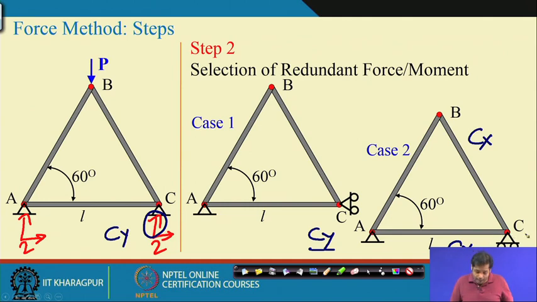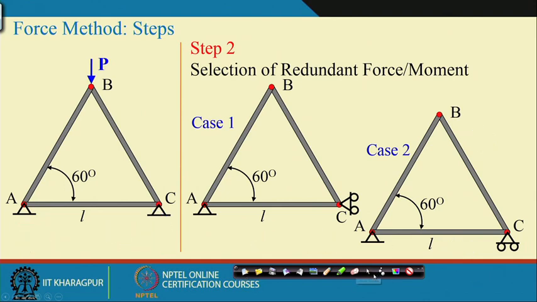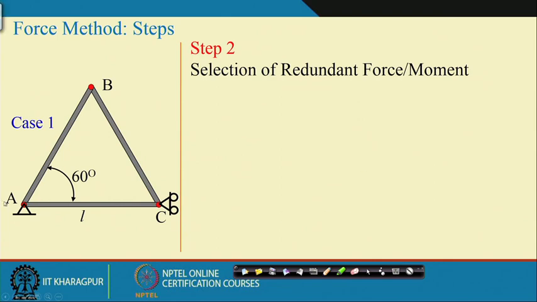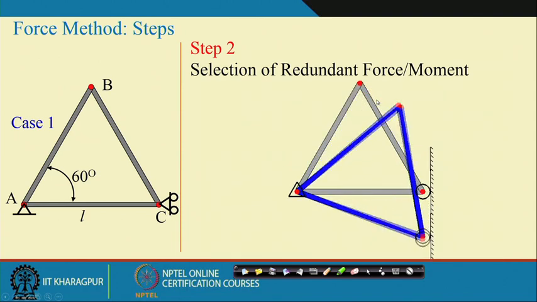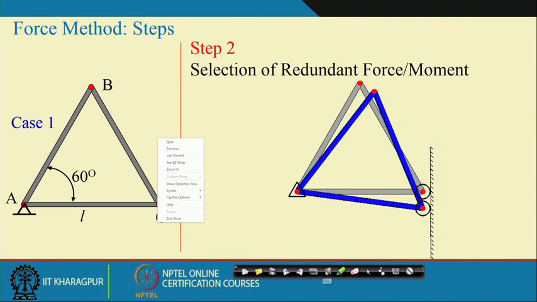Okay. Now, let us see whether both cases are valid or not, whether we can continue the analysis with either of them. Let us see what happens in case 1, where Cy is the redundant force.